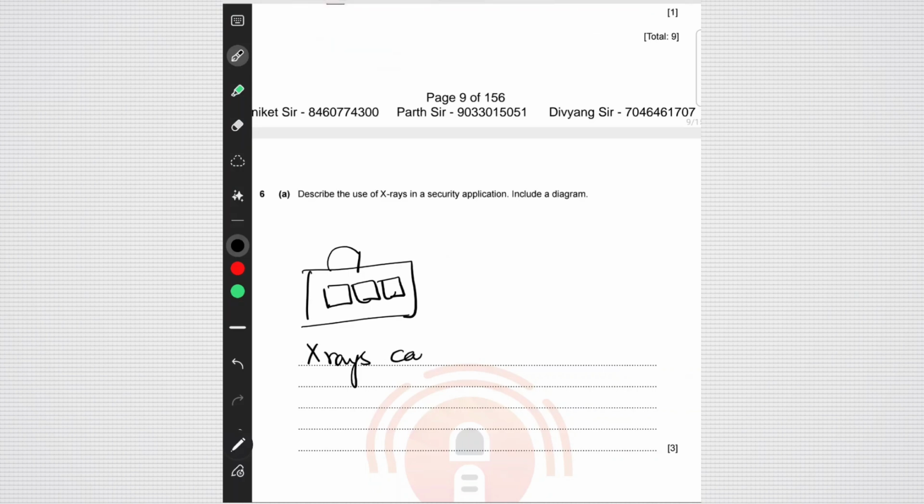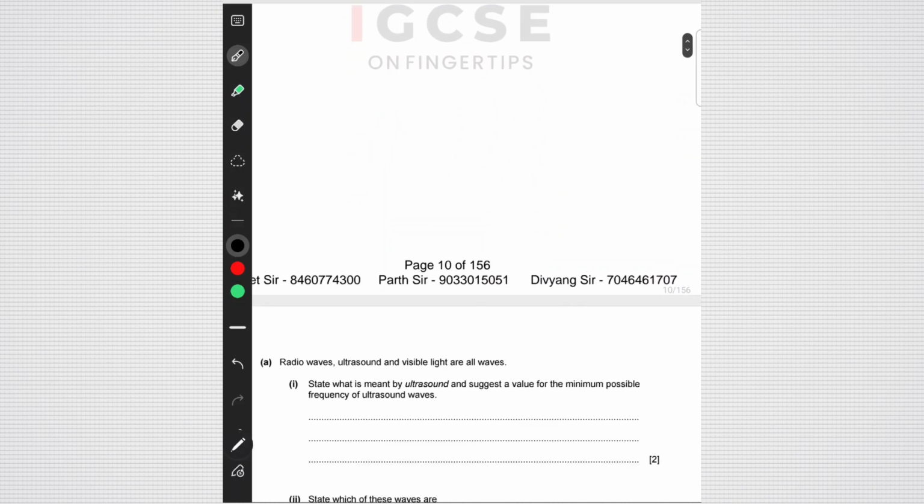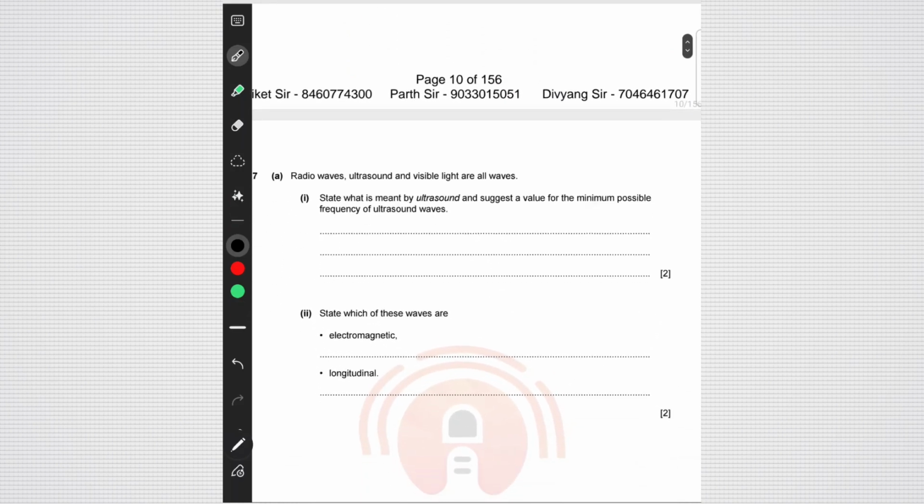X-rays can be used to look inside bags at airport without opening them to screen for potential threats. Okay, then we have radio wave, sound wave, and ultrasound and visible are all waves.